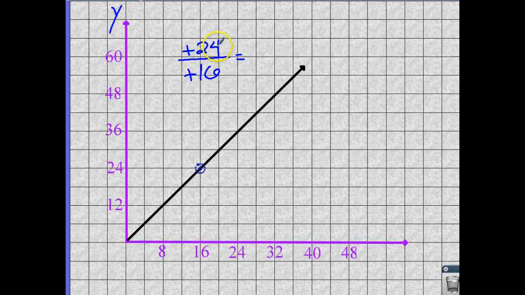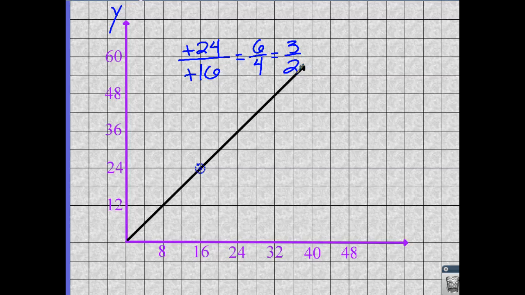So what goes into 24 and 16 evenly? You're probably thinking right off the bat 4. So 4 goes into this 6 times, and 4 goes into that 4 times. Uh-oh. Is that simplified? No, hopefully you were thinking the 8 would have gone into them. Either one works. They both reduce down to 3 over 2.